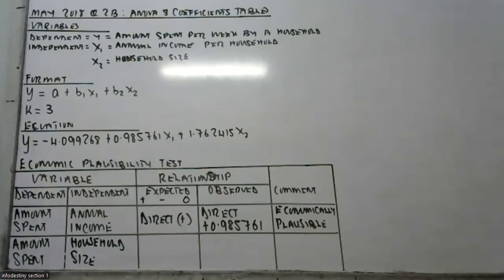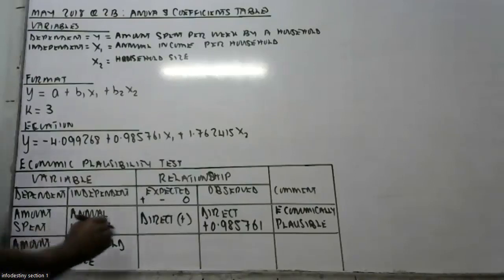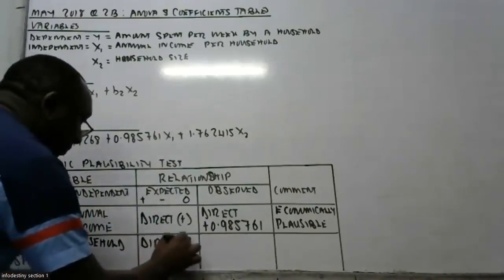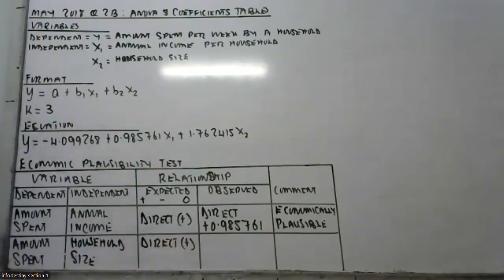So the household size, what kind of relationship would you expect? It is positive, so it's a direct relationship. The more you earn in a family, the more you are likely to spend.